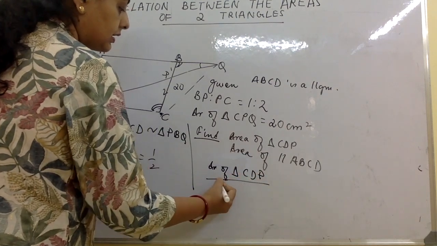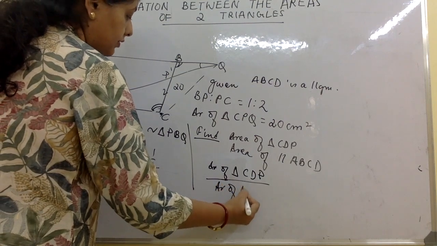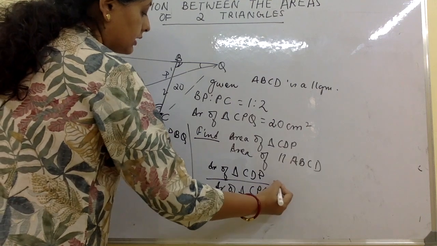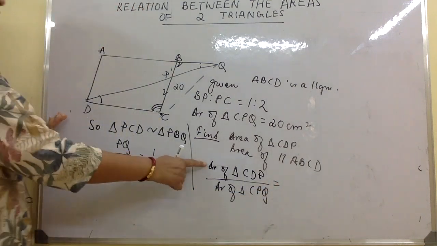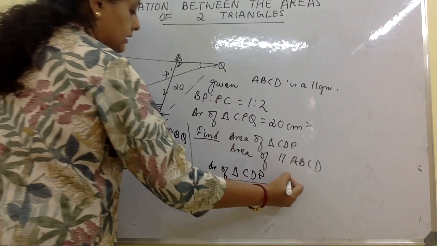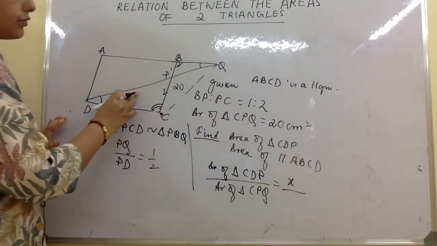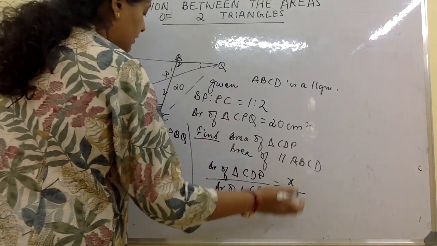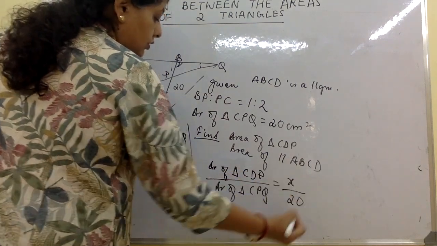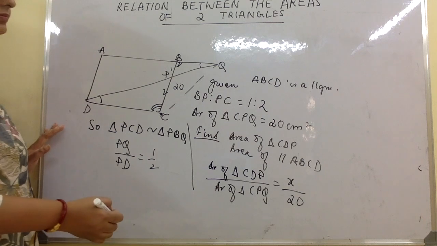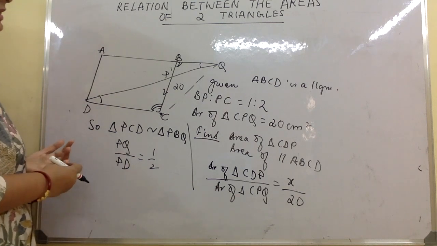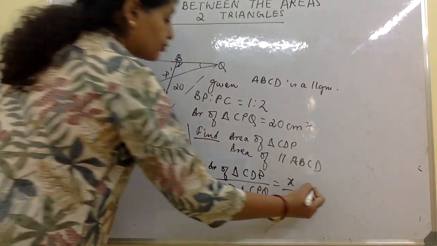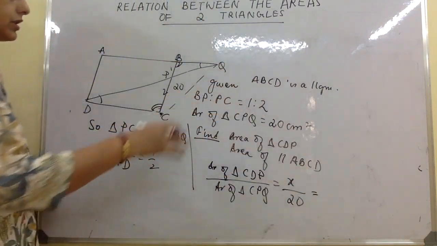by area of triangle CPQ is equal to, first CDP we note, so here we will write x, because we are trying to find the area of this triangle, we will take it as x, by 20. The area of this is x, area of this is 20, and that is equal to the ratio between the bases.